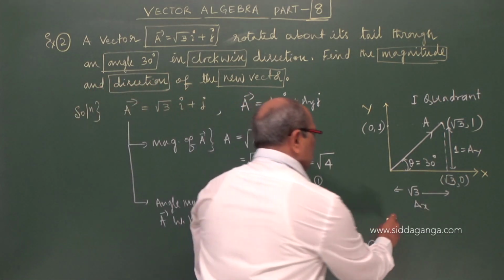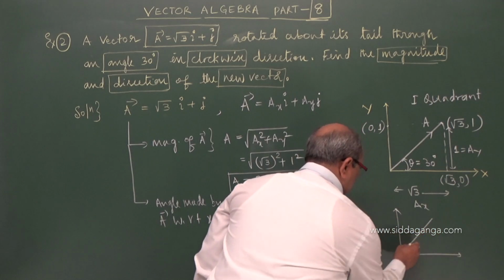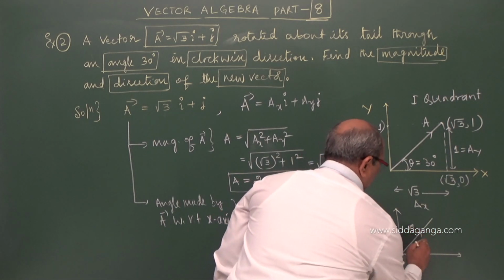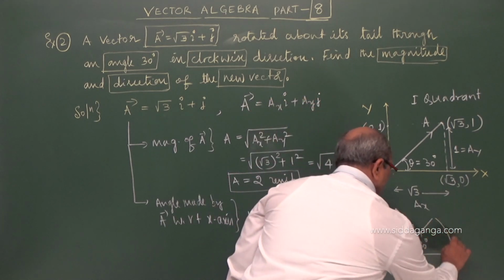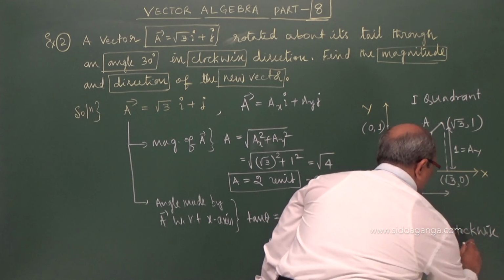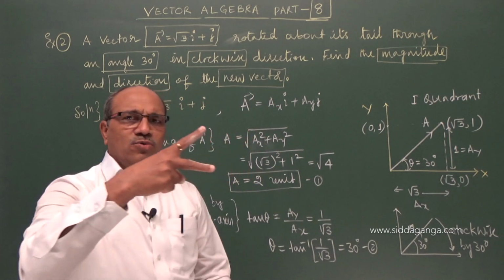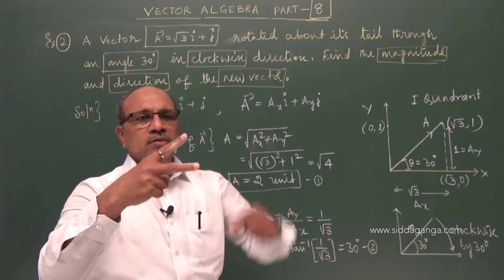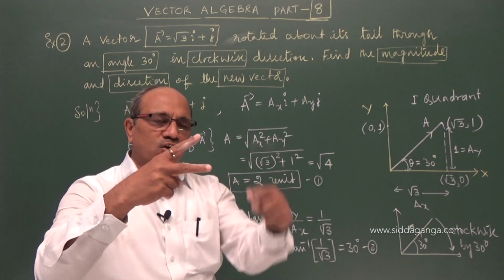Now the question is, you have to rotate this vector A, which already has 30 degrees, clockwise by 30 degrees, in the direction of the clock needle movement.